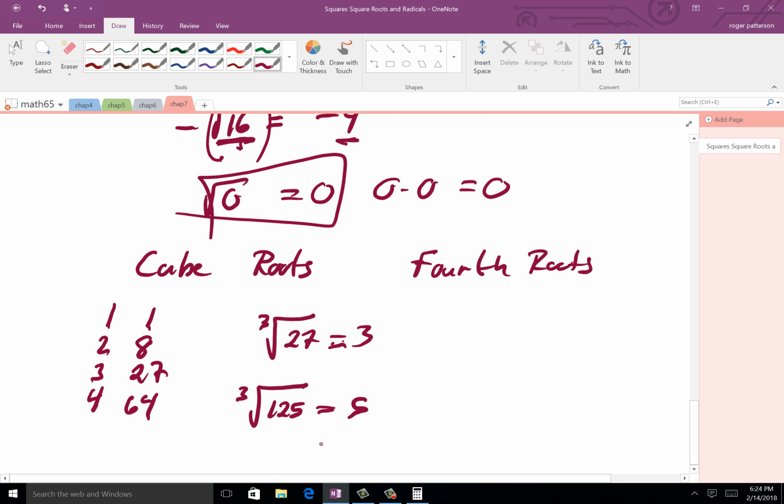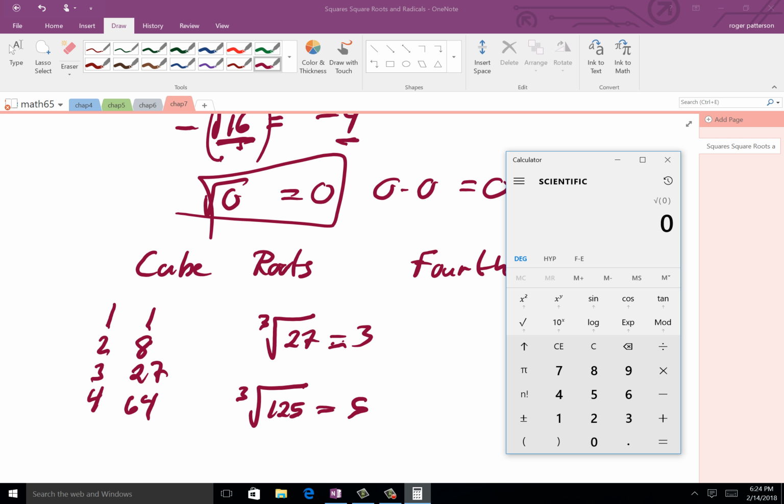Okay, if you don't know calculator-wise, it's going to vary with your calculators. So on this one, I don't even know if it will do it. I'm looking. Oh, yep. Right here. So if I go 125, and then I got to push this. No, that wasn't it. Let me try this.